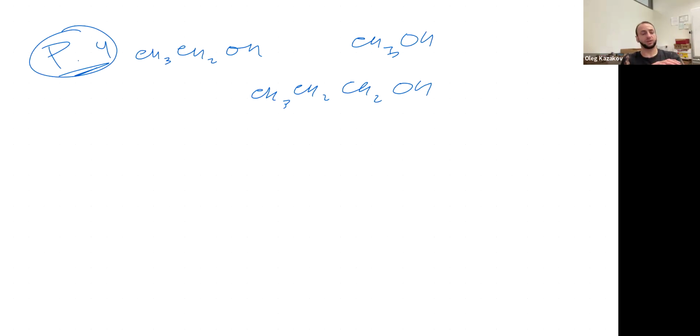The more carbons in the chain, the higher the dispersion forces between the corresponding molecules, and the higher the boiling point will be, meaning we'll need a higher temperature to separate those molecules, which are quite strongly bound to one another.